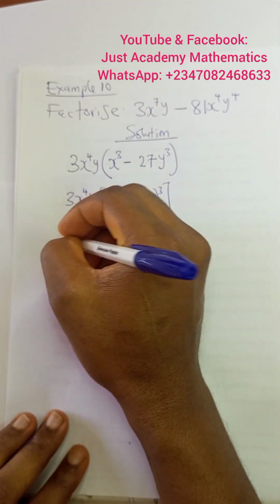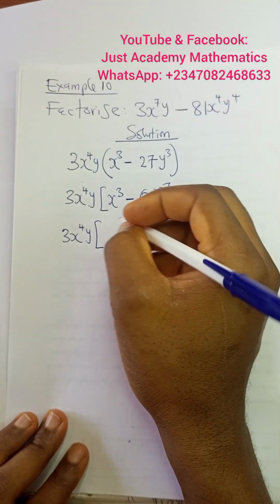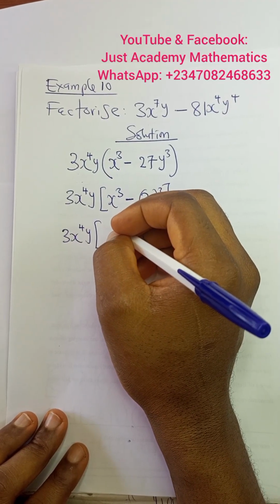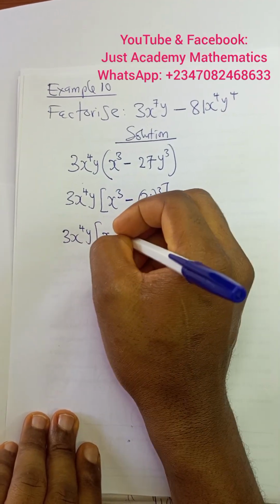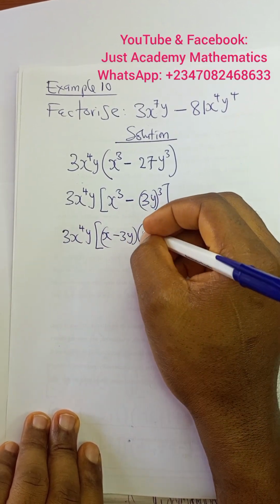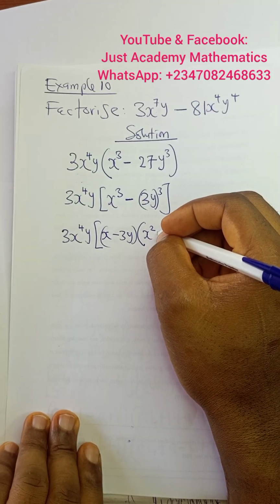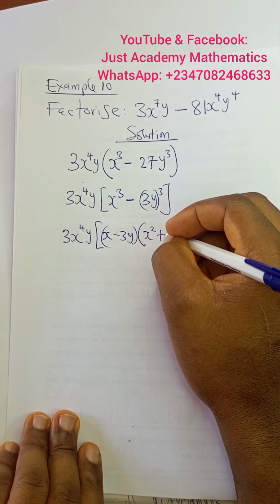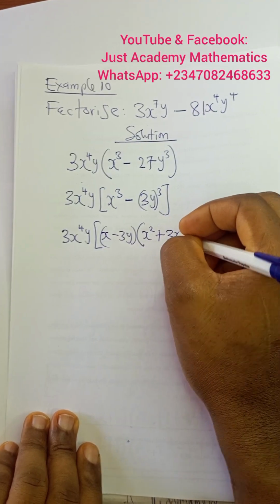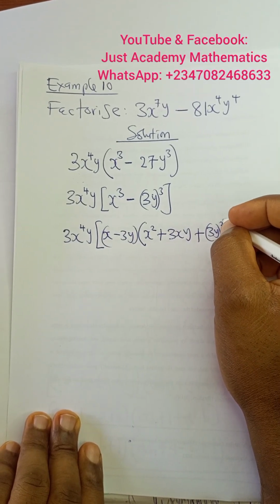Now we have 3x raised to the power of 4y times, this means x minus 3y times x squared plus 3xy plus 3y squared.